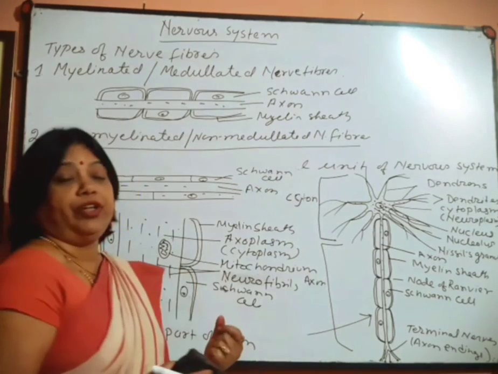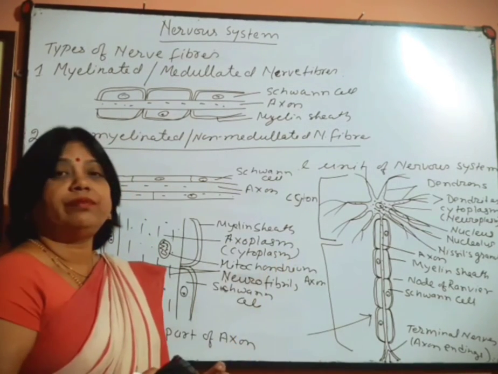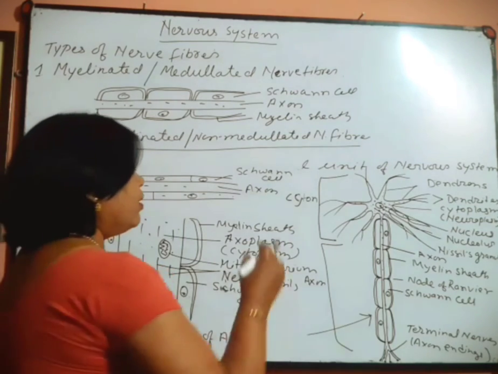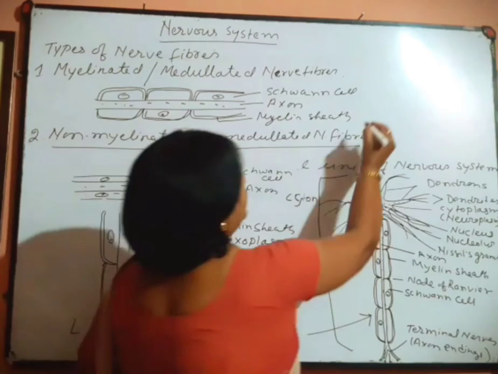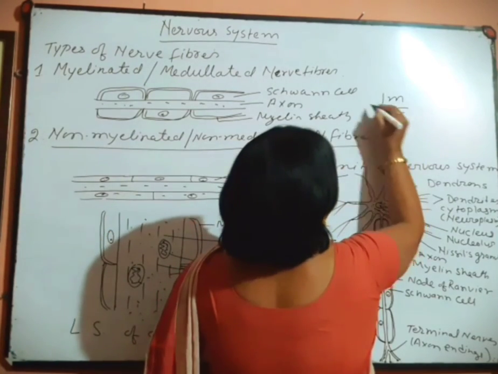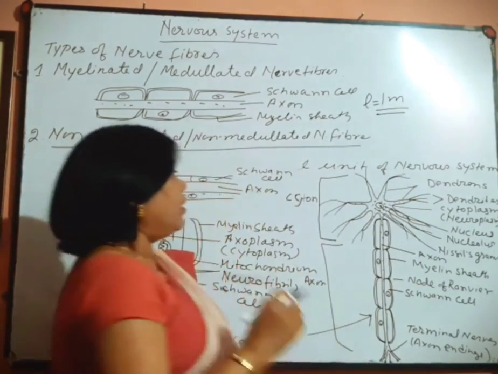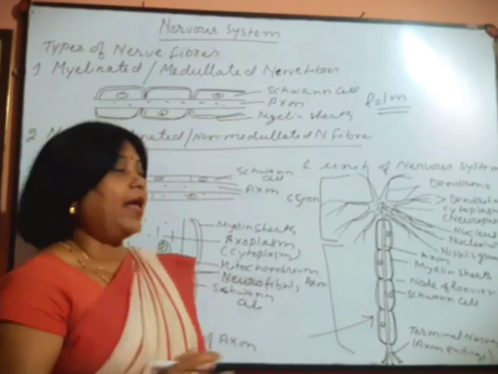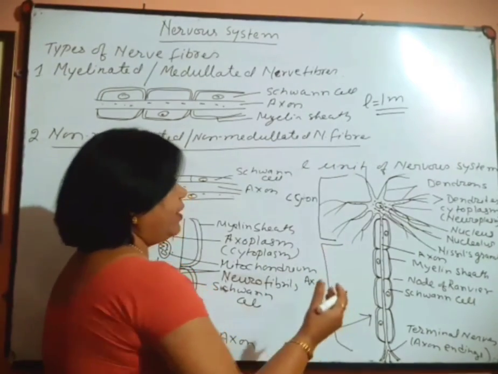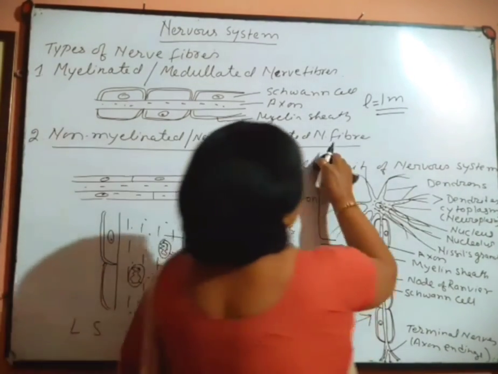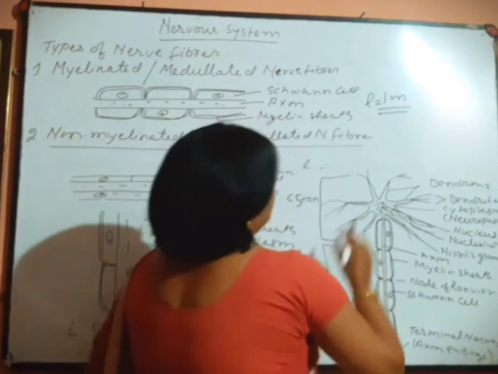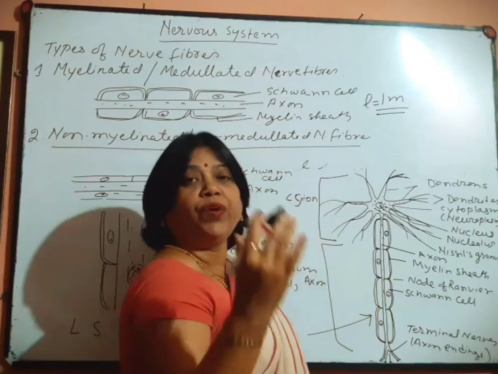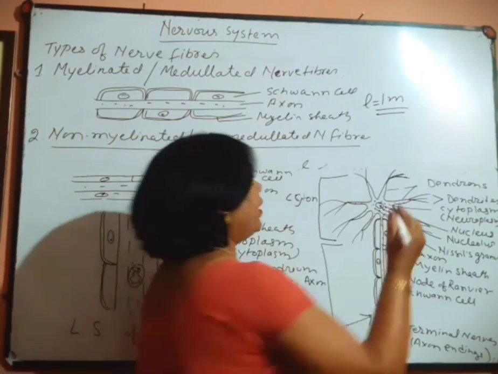And in the body, nerve cells are arranged lengthwise. The length of the neuron is 1 meter. The neuron is the longest cell of the body, and they are arranged one after another. The dendrites make connection with the axon endings.